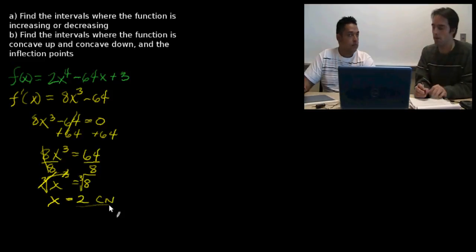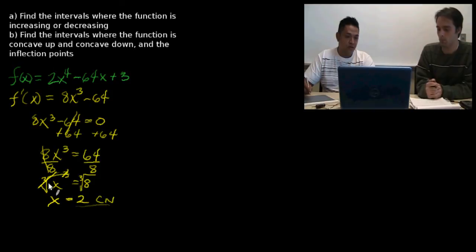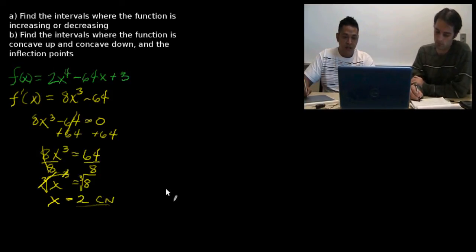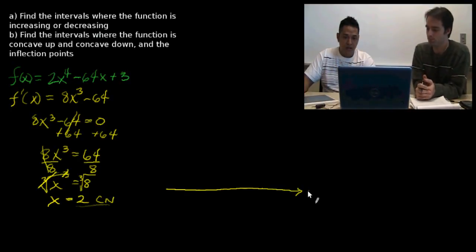For the critical number, we have to plot it on a number line and find test points on either side of it. We can do it in yellow. Let's say the number line starts from here and it goes this way, so that infinity is over here and negative infinity is over here.